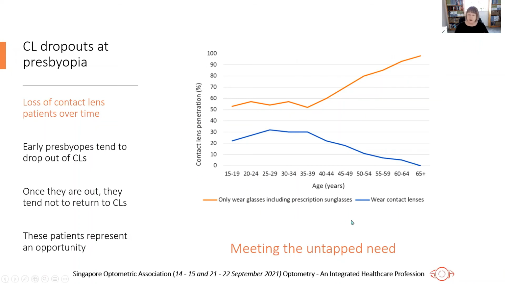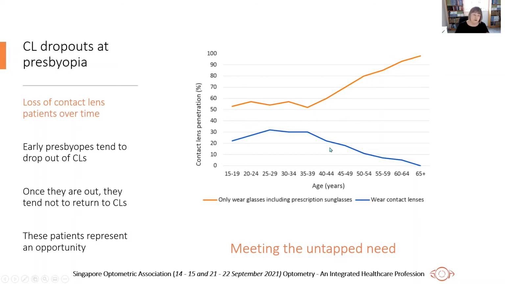This graph that I'm showing you here has been shown in many publications and shows the stark truth that as people hit presbyopic age, contact lens wear starts to drop off, and correspondingly and equally, spectacle wear starts to increase.